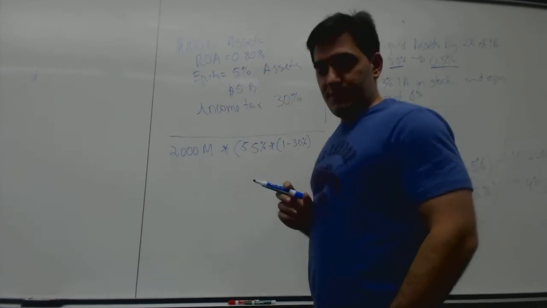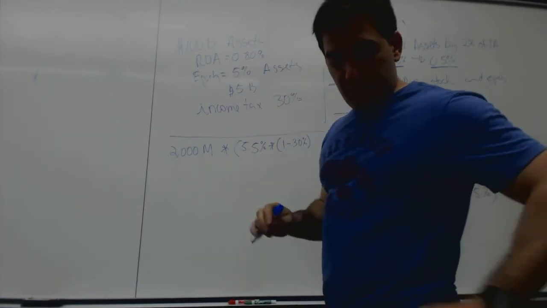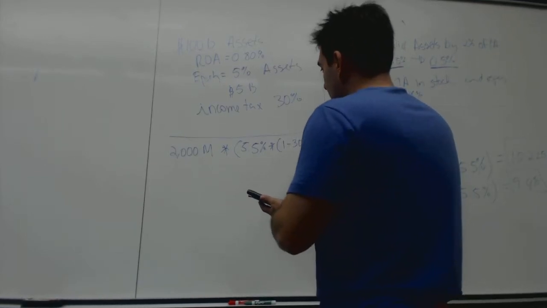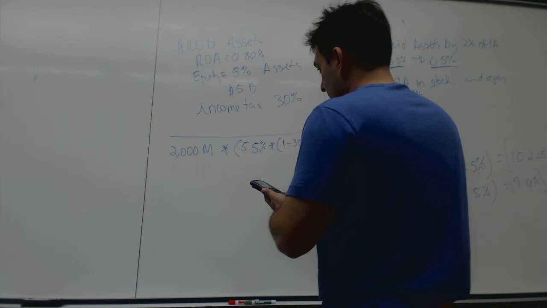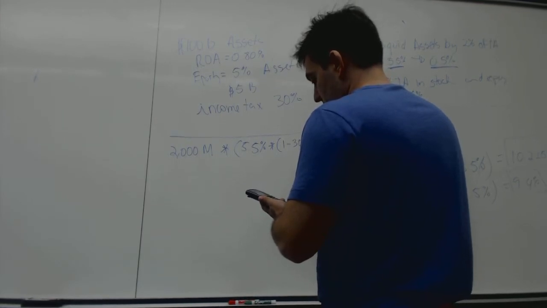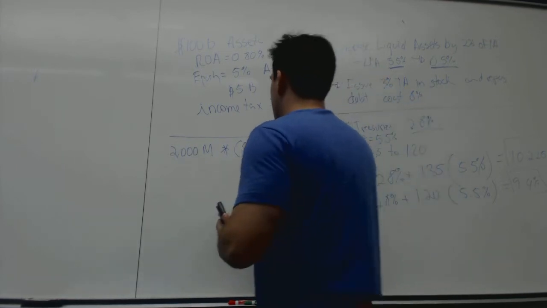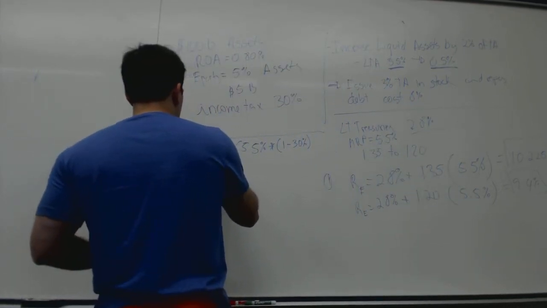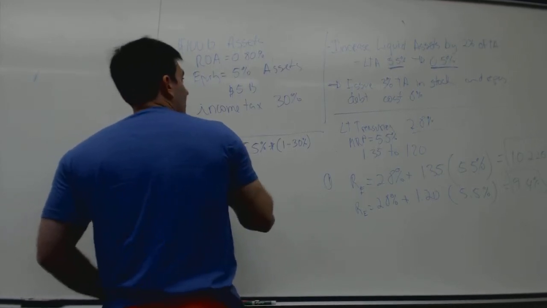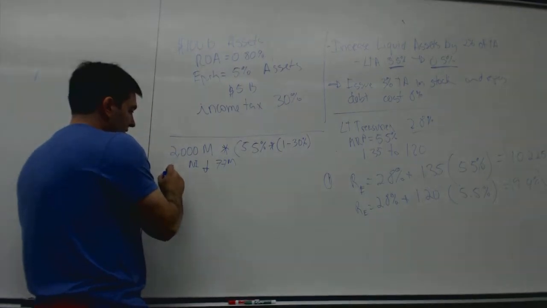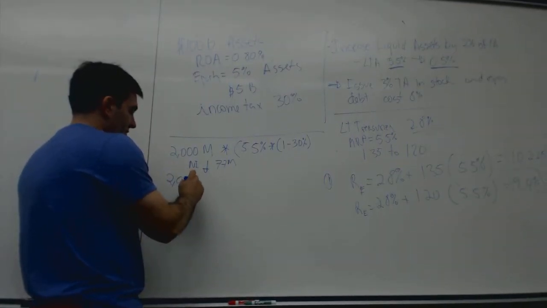So we can say 5.5% times 0.70 times 2,000 million. Our net income decreases by 77 million. But we're investing this 2,000, and I'm doing this step by step so you understand.